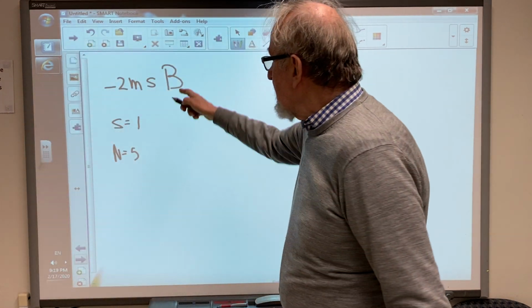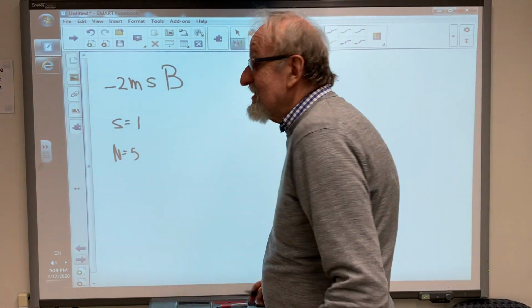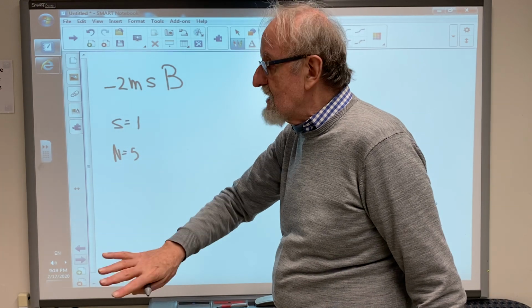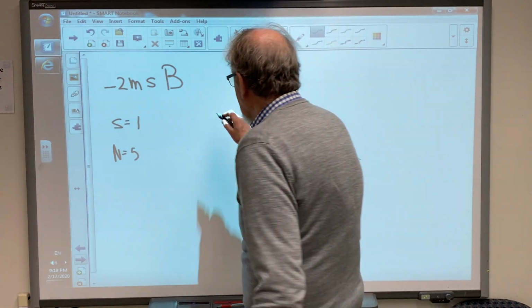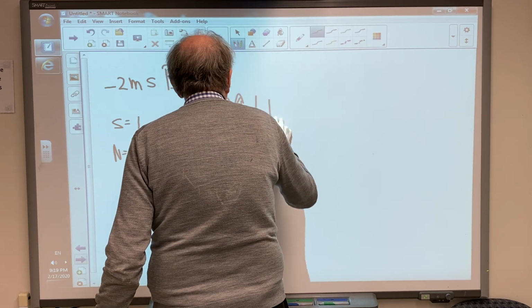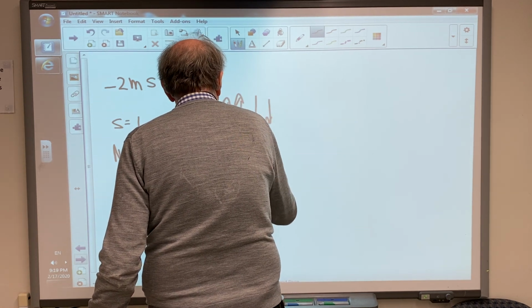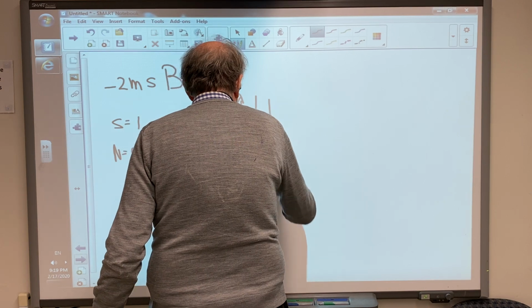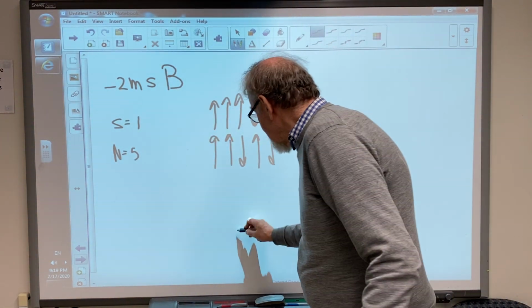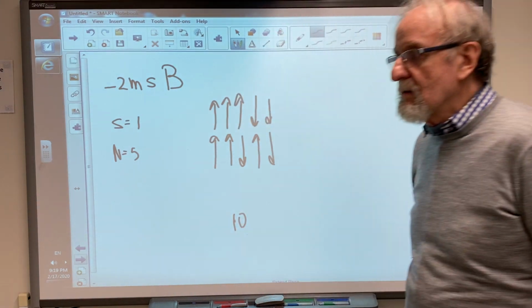So if you say that the energy is that, you know that the system has to be in a state in which there are 3 spins up and 2 spins down. It cannot be in any other. But there are many, because you can have this one, or you can have this one, etc., etc. And we calculated that there are 10 possibilities here, right?